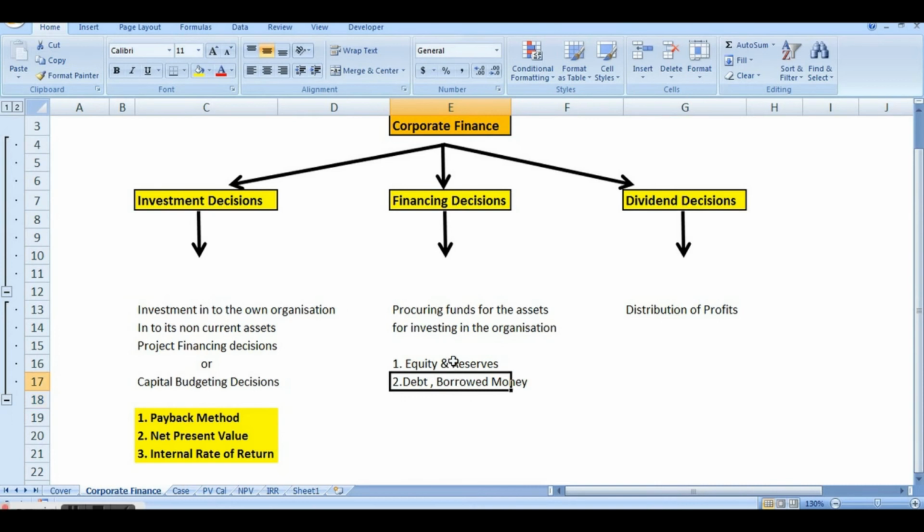Now when you talk about equity or debt, it is comparatively easier to understand with the help of debt examples, so I'll continue with that.